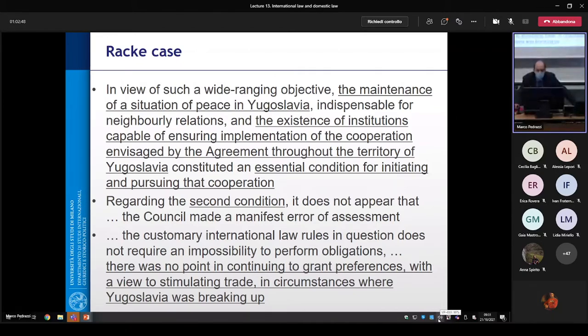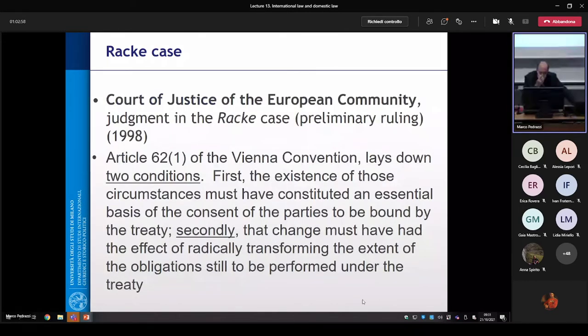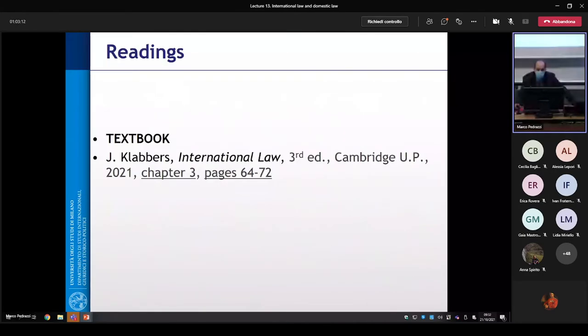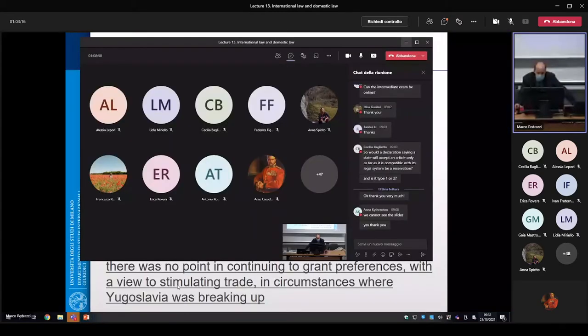So the Court of Justice of the European Community accepted in this case the claims of the European Community relating to the extinction or suspension of the agreement with Yugoslavia. There is a question at home. No, there is no question at home.